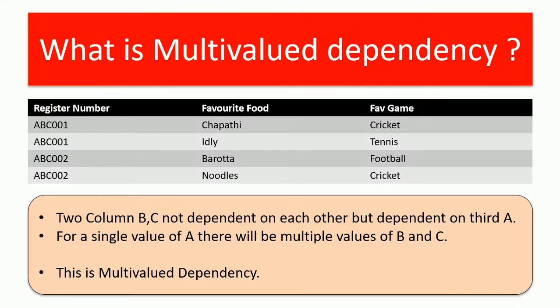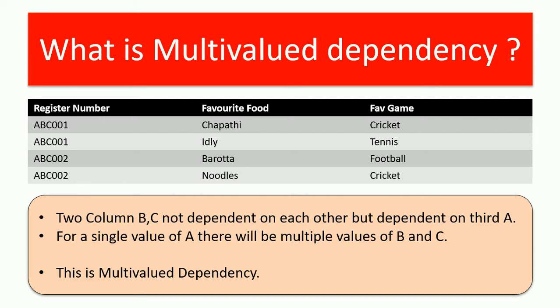I will show you the example with this table. We have three columns: register number, favorite food, and favorite game. By understanding the nature of the second and third columns, we can know that the favorite food column and favorite game column are not dependent on each other, because for a student who has chapati as his favorite food, it is not mandatory that he must like cricket also.